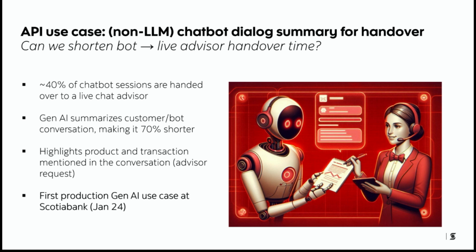So we worked very closely with them to create the summary format that is the most useful for them to pick up a session with a client. For example, the summary highlights the product and the transaction, if any, that were being discussed between the customer and the bot. This was our first GenAI use case in production at Scotiabank, and it went to production in January this year.